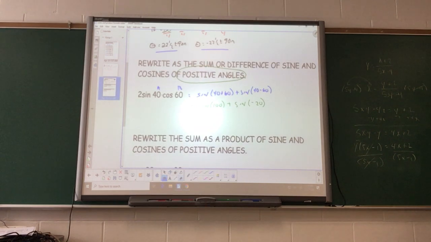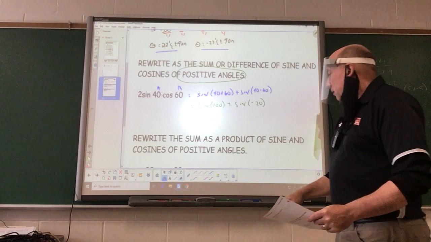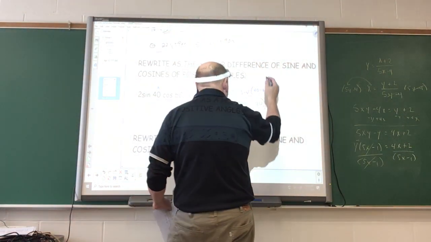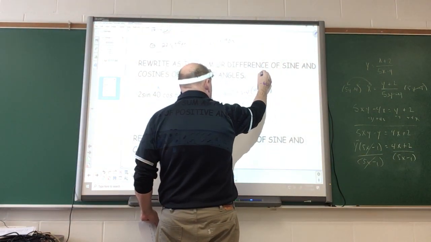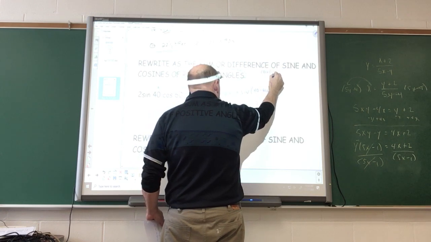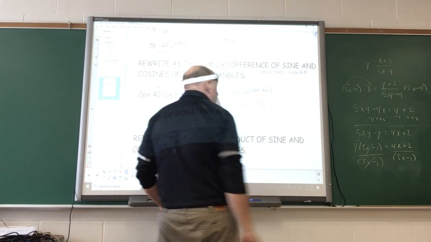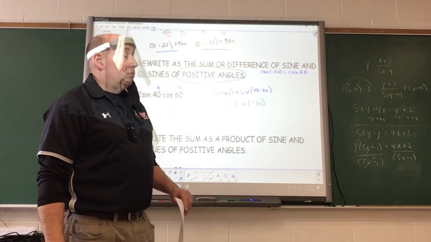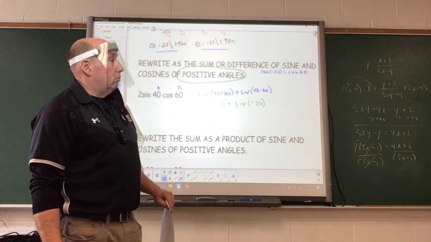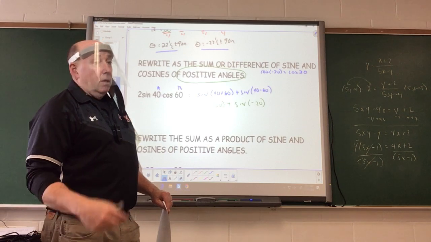Well, this is where the odd and even functions that we talked about last chapter come into effect. The cosine of negative 30 would equal the cosine of 30. Try in your calculator.